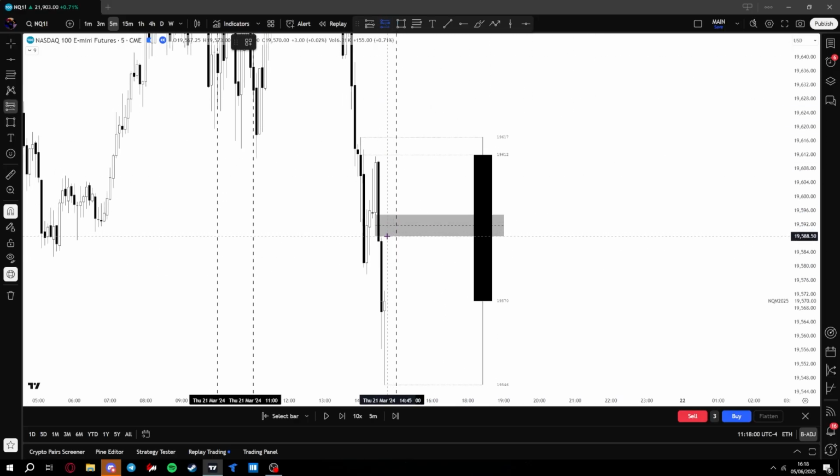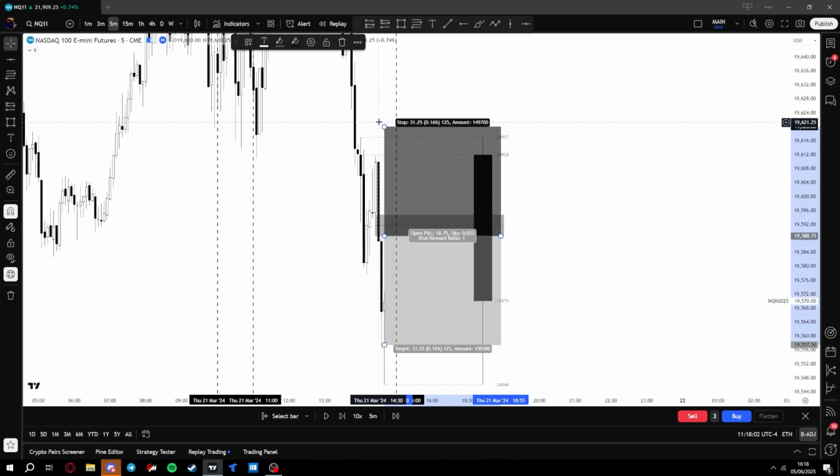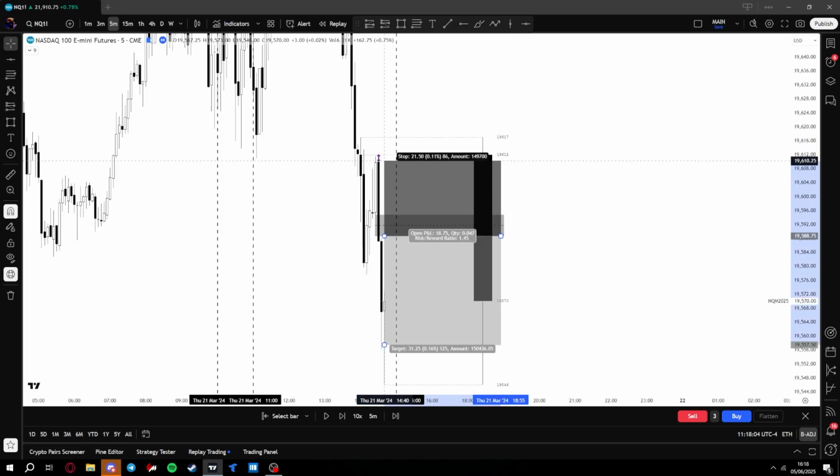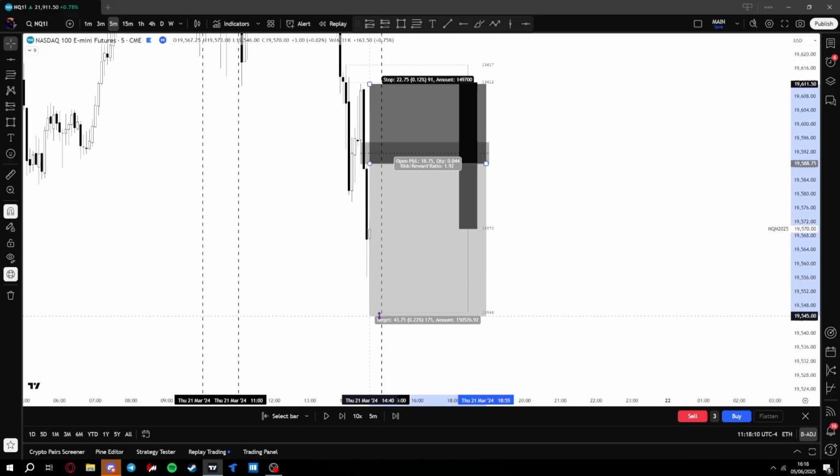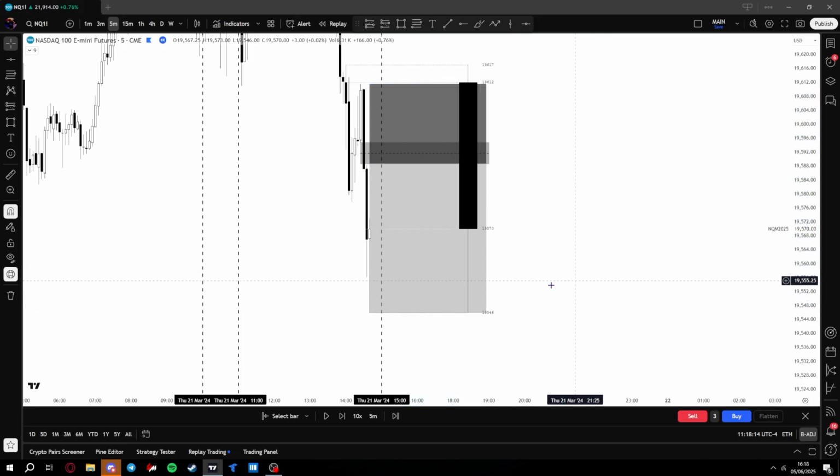We enter off this. Have our stop loss there. Actually up there. And target this low here.